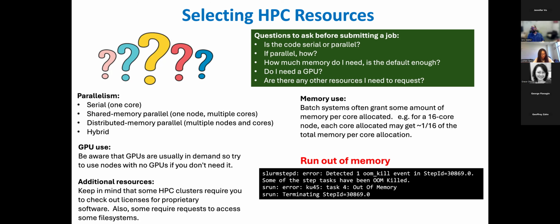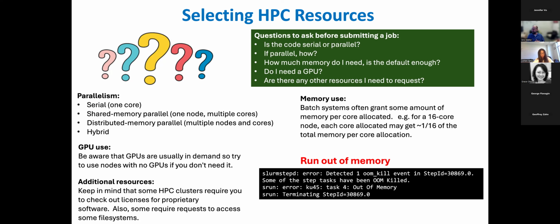And then memory use. Memory use tends to be more of a tricky one. As I mentioned, batch systems tend to give you a certain amount of memory for every core you allocate. It could be different where you are. For instance, on some of the systems we have at William & Mary, if we have a 16 core node and you request one core, by default you get 1/16 of the total memory.